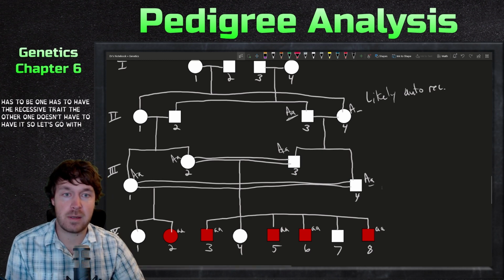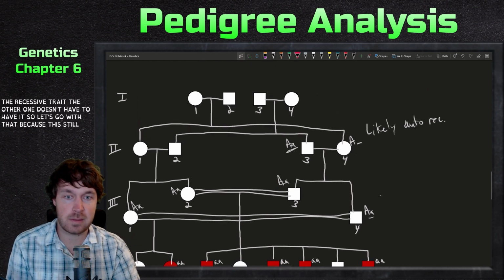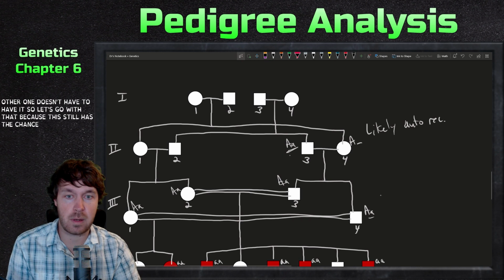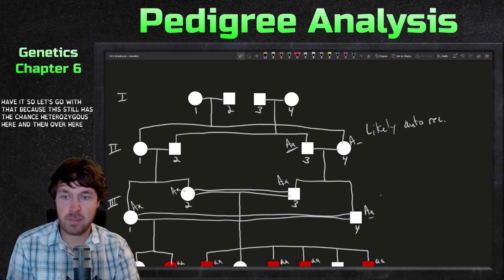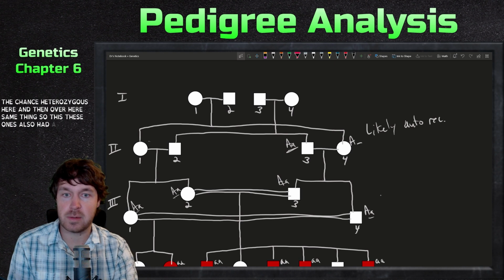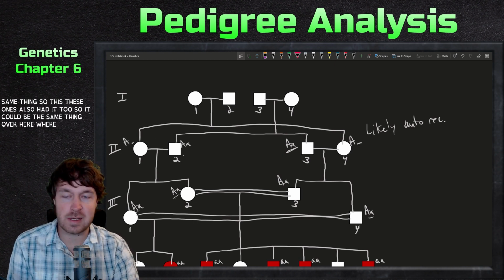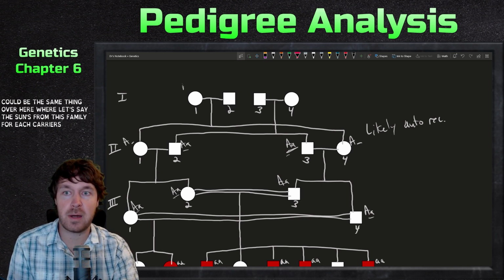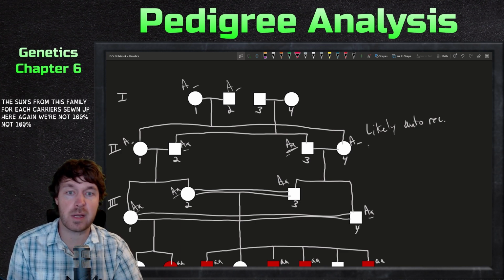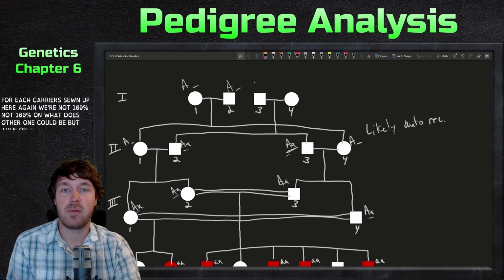So let's go with that, because this still has the chance of being heterozygous here. And then over here, same thing. So these ones also had it too. So it could be the same thing over here where, let's say, the sons from this family were each carriers. And up here, again, we're not 100% sure what this other one could be. But then over here, we're tracking it back.